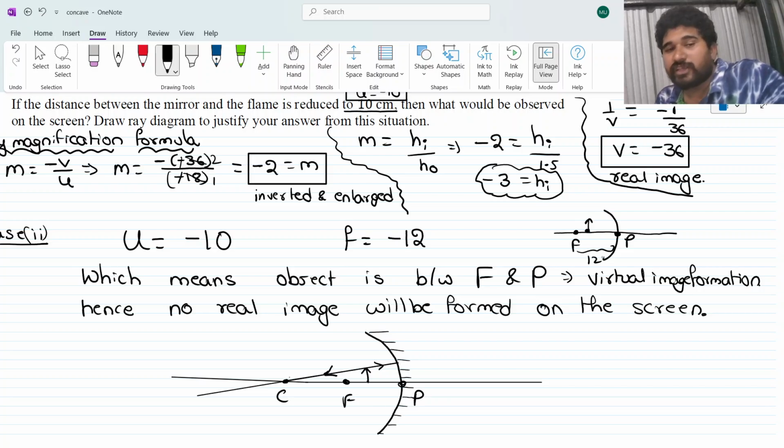Understand? Another ray. Which one you will take? Either you can take a ray making a certain angle with the pole. Same angle it is going to make with the principal axis at the pole. Same angle.